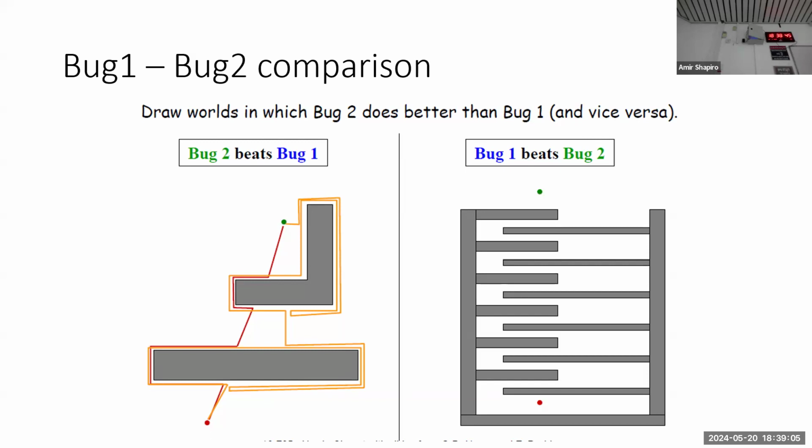It will go directly and then do this entire thing. Here it cannot move, but here it will move back and then do again this entire thing until it gets to this point here and then move back and do again all the way around, and it will be less efficient here.